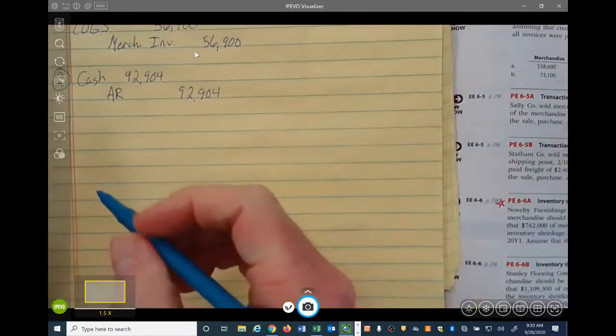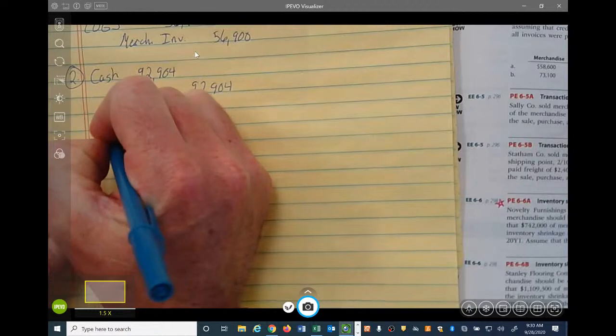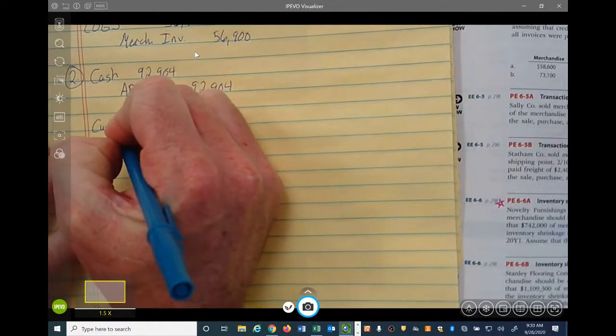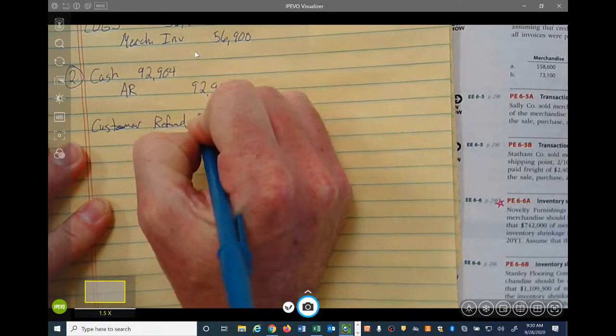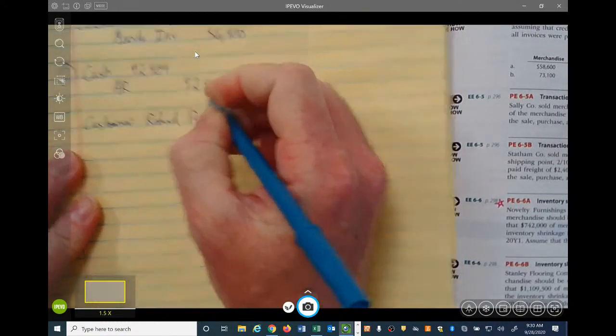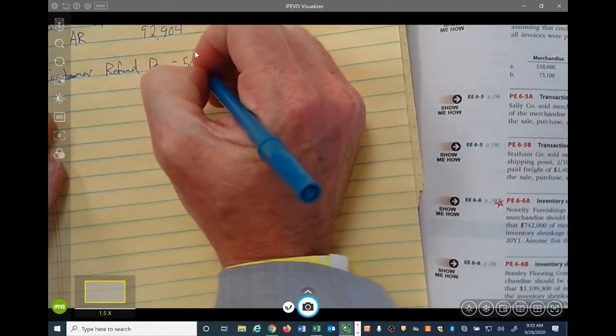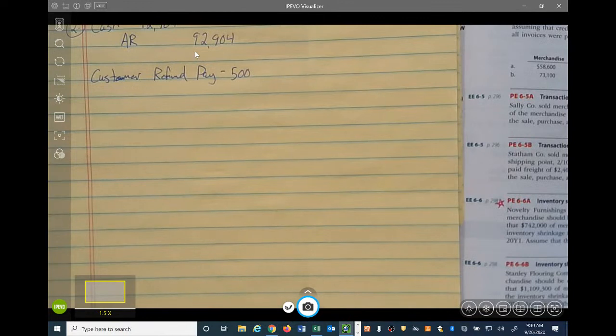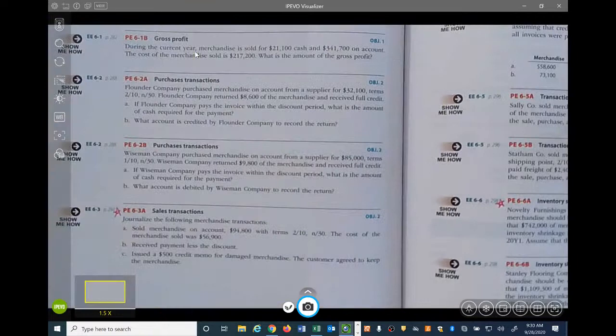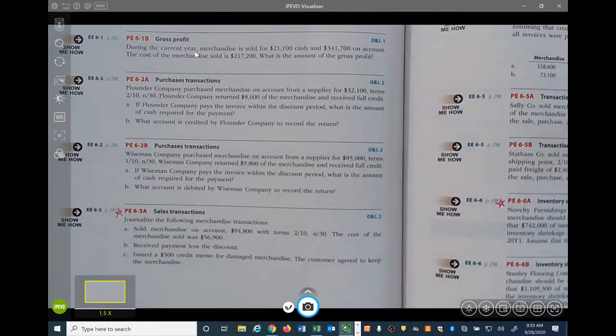Okay, so what we want to do is debit a customer refund payable for the amount of $500. Okay, and if we're reducing the payable on that, because it says here, issued a $500 credit memo for damaged merchandise. So the merchandise was damaged, right? So we're reducing the amount that a customer owes us, right?